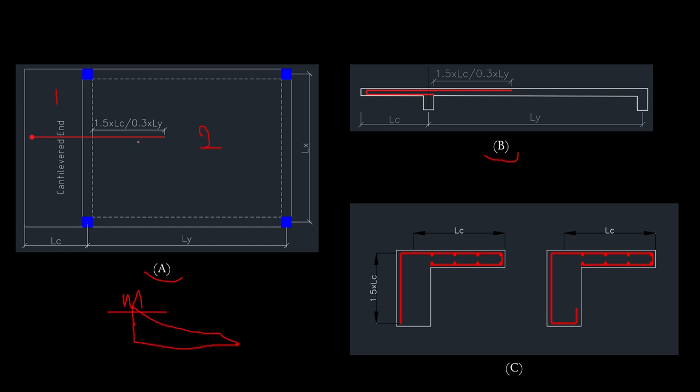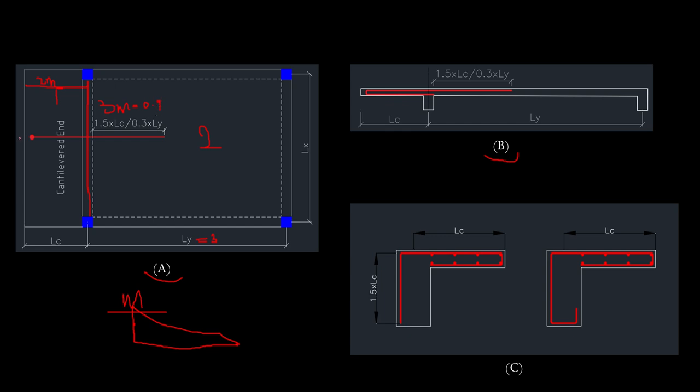So let's say the length of our cantilever slab from the center line of the beam is 2 meters. This distance from here to here is 2 meters. And our Lx is, let's say, 3 meters. So you multiply 1.5 by 2 meters, that will give you 3 meters, or 0.3 multiplied by 3 meters, which should give you something like 0.9.